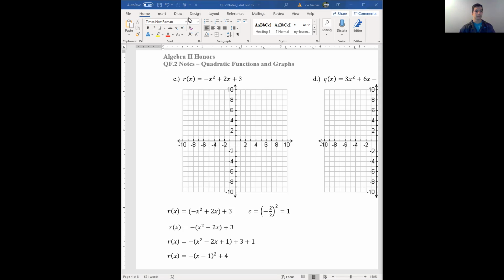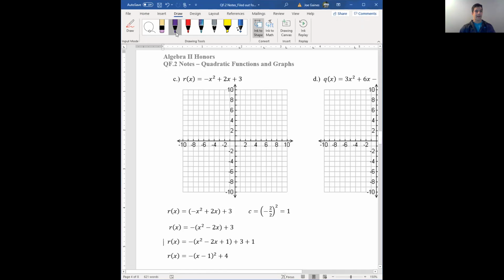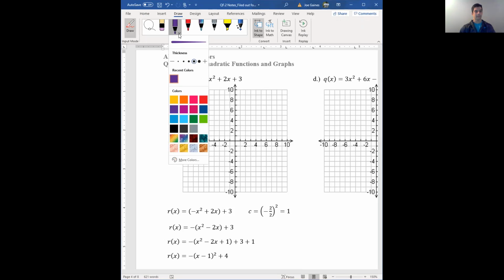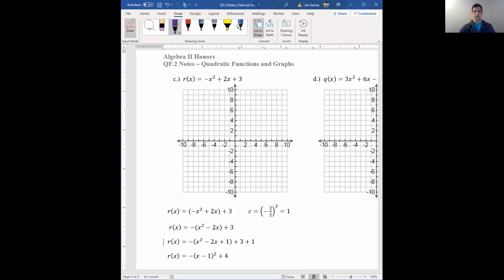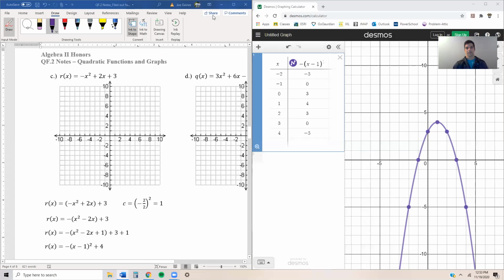If I'm using the technology here, now I have points that are given to me on my table that I can put on my coordinate plane. So I'm going to go ahead and take -2, -5. Sorry, I forgot to share my screen. You guys heard me talking, but didn't see the graph. There are the graphs. Sorry about that. I'm going to take -2, -5, and I'm going to graph that.